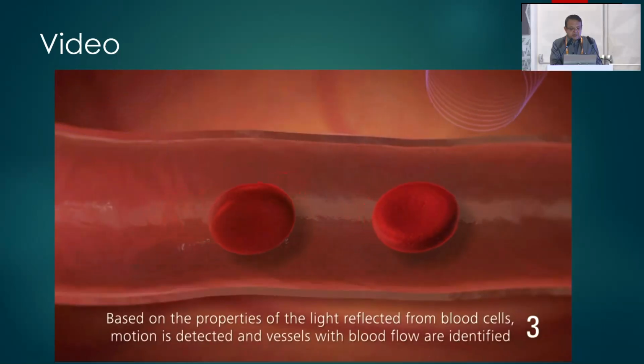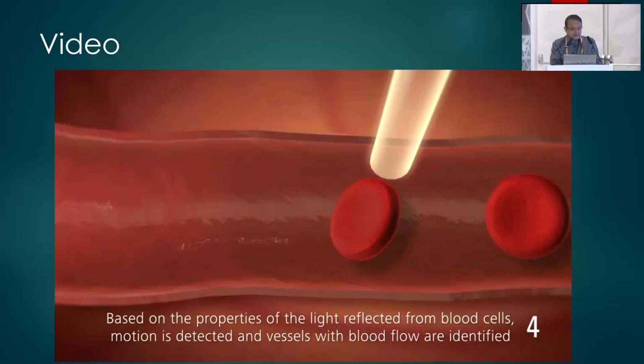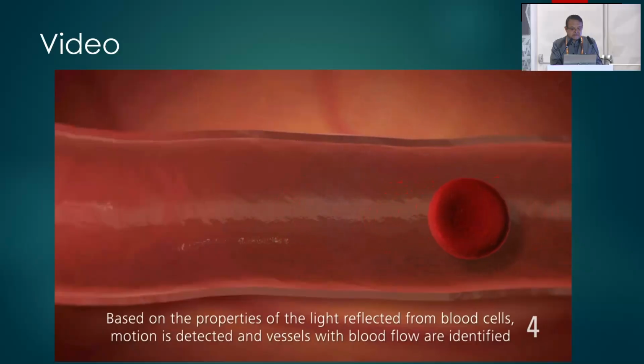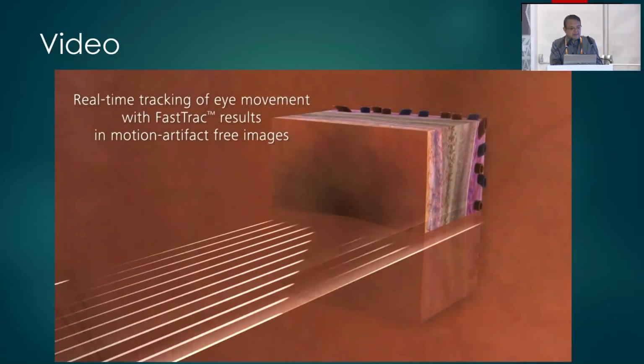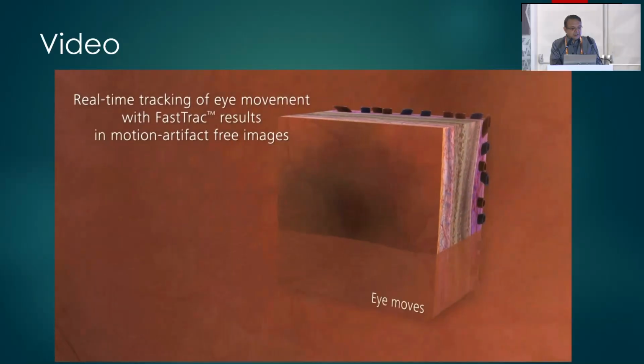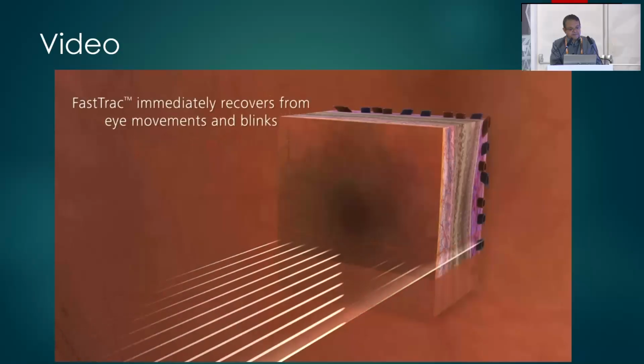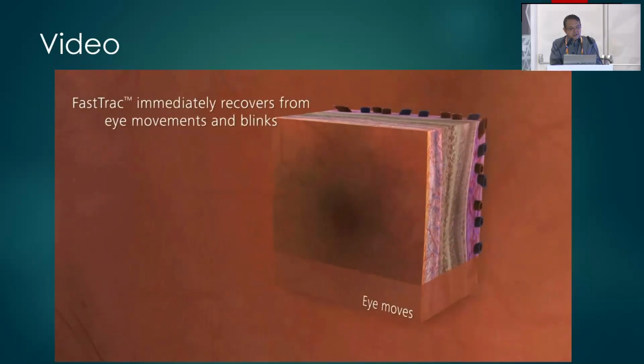Based on the property of the light reflected from RBCs, motion is detected and vessels with blood flow are identified. Real-time tracking of eye movement with FastTrac results in motion artifact-free images. It immediately recovers from eye movements and blinks.